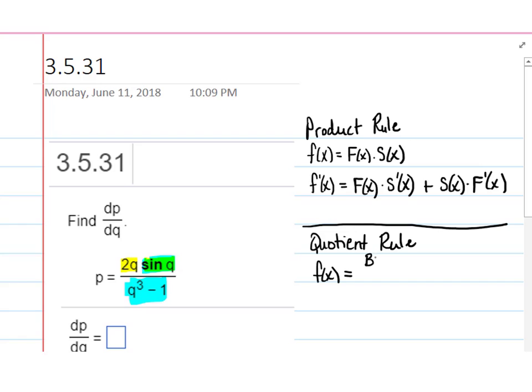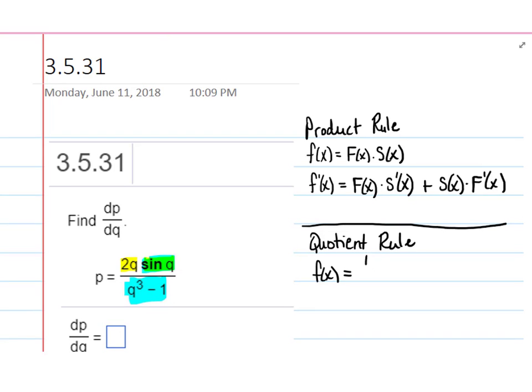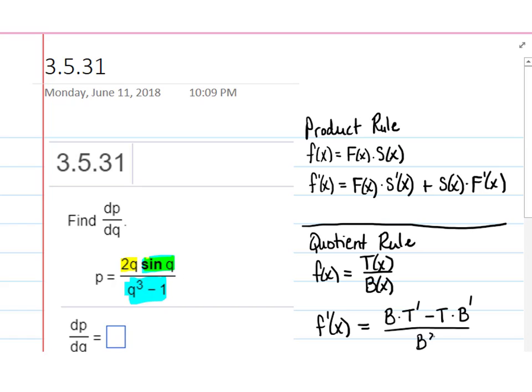So we're going to think of this in terms of the top function t of x divided by the bottom function b of x. So when you have a function of this form, its derivative will be the bottom times the derivative of the top minus the top times the derivative of the bottom over the bottom squared. Bottom d top minus top d bottom over bottom squared.